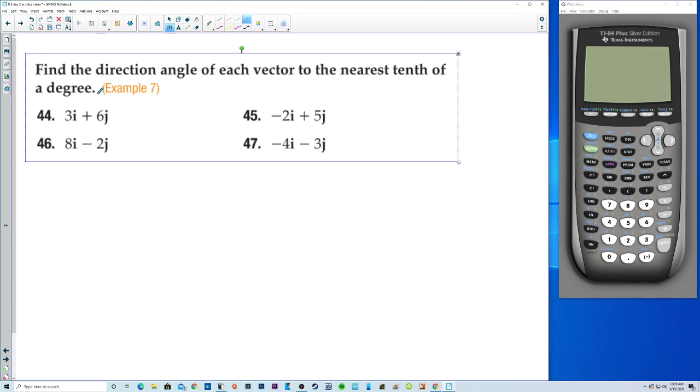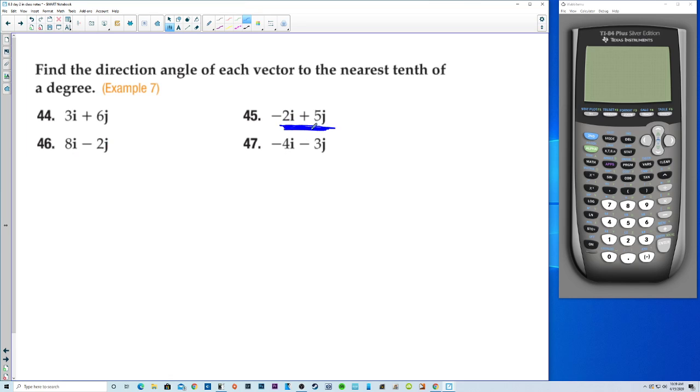Find the direction angle of each vector to the nearest tenth of a degree. And let's get one that is not in a principal quadrant, like number 45. So that's -2 and 1, 2, 3, 4, 5, so -2, 5. All right, there. So we want that angle, but of course we're going to use the reference angle. So we want inverse tangent of 5 over -2.